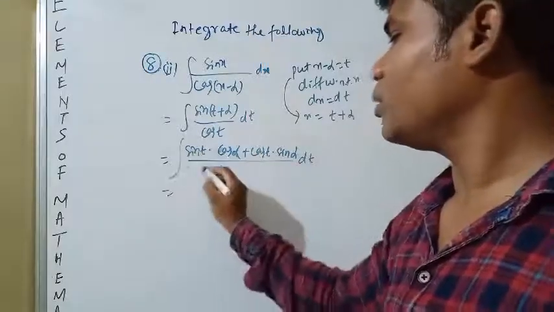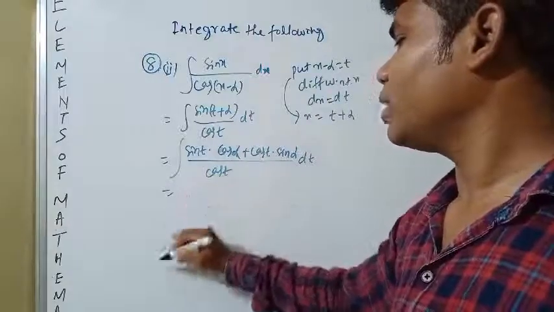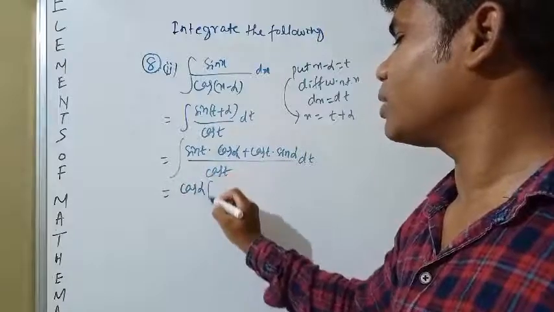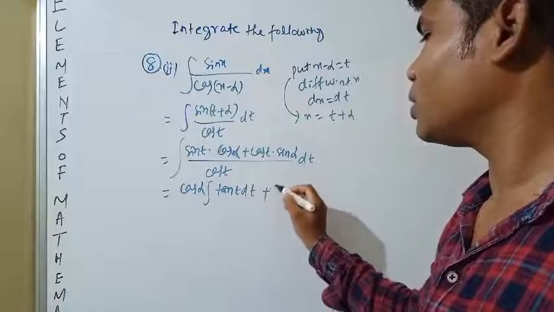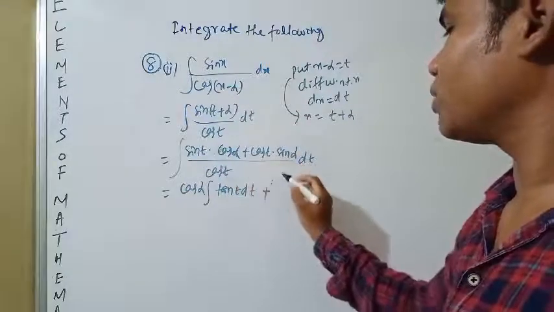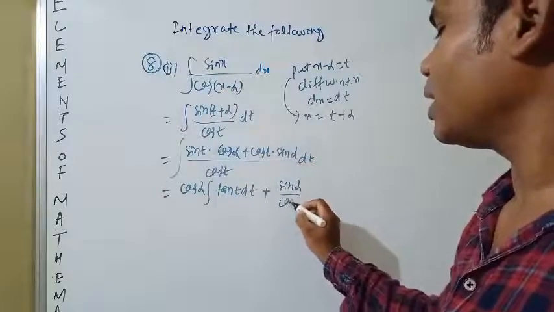Here you see sin t by cos t, that is tan t. Cos alpha is constant, sin t by cos t, that is tan t dt, plus, here cos t will cancel out, sin alpha by cos t.